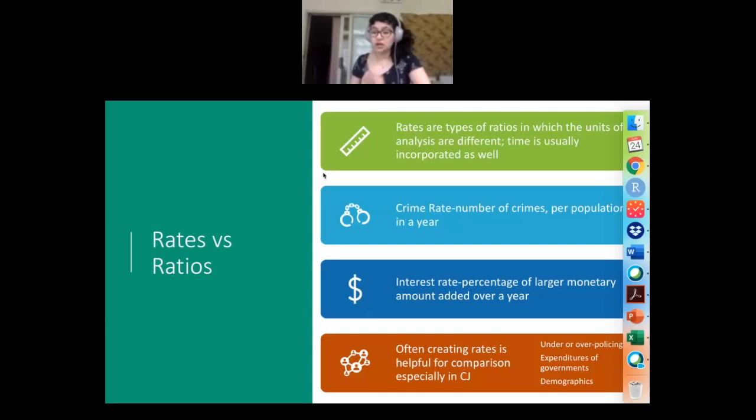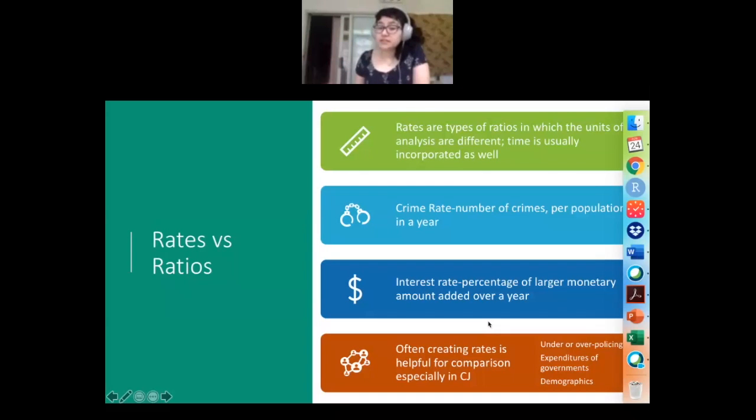So crime rates are, for a designated year, the amount of crime that occurs in a space per population. We do the per population so it's comparable across units. So it's a rate that involves time, space, and the space is determined by a population within a geographic area.